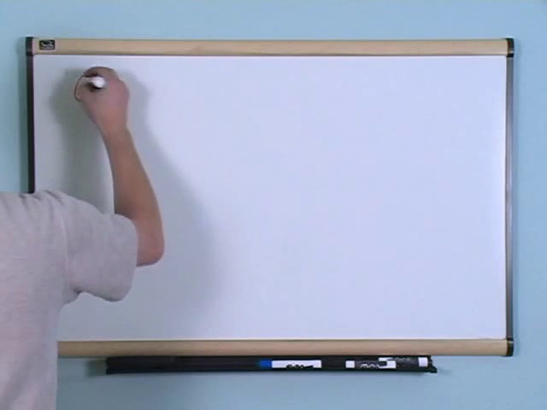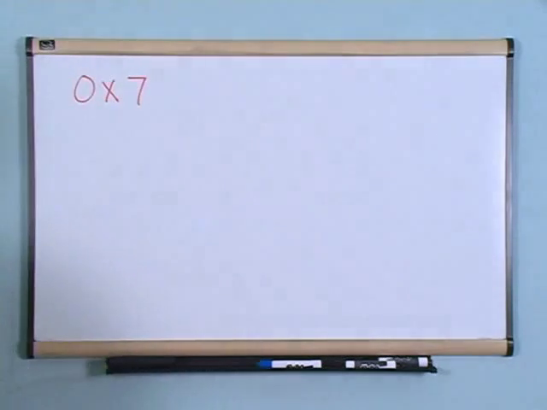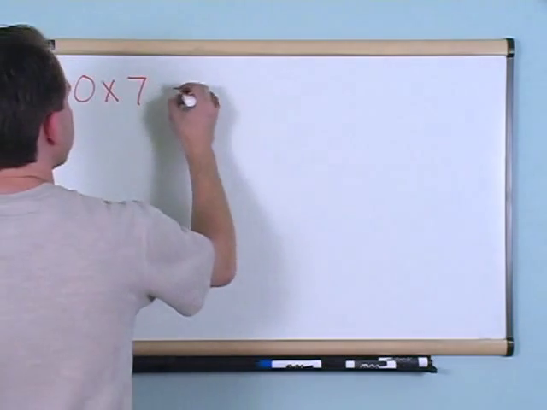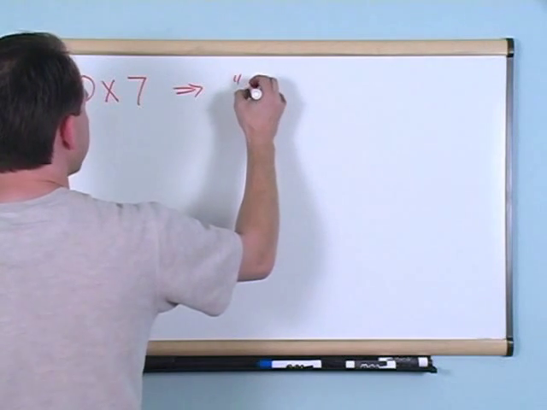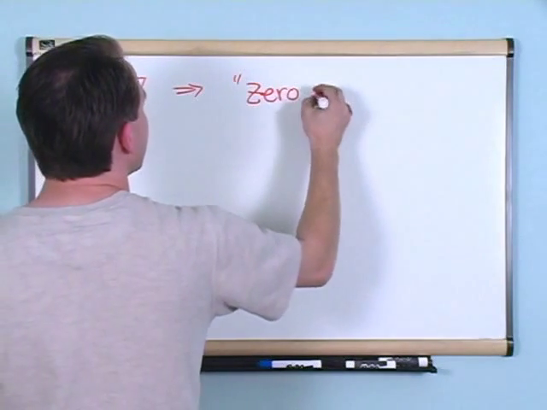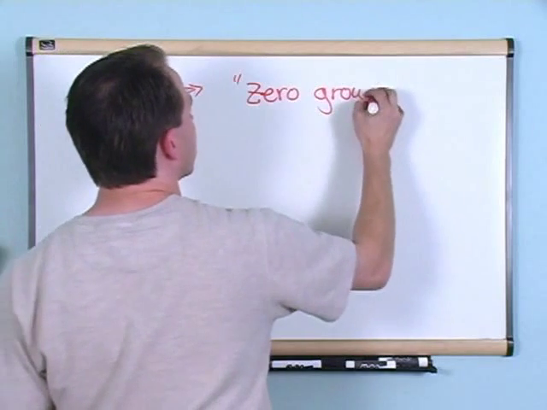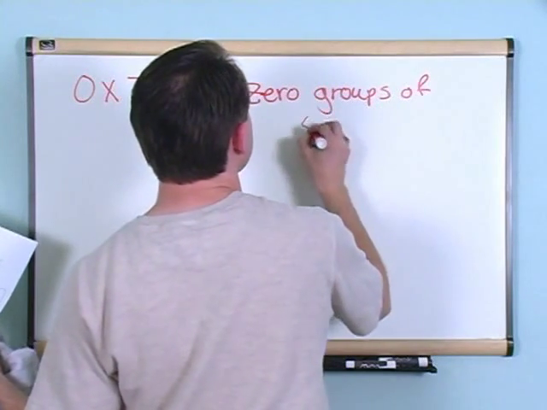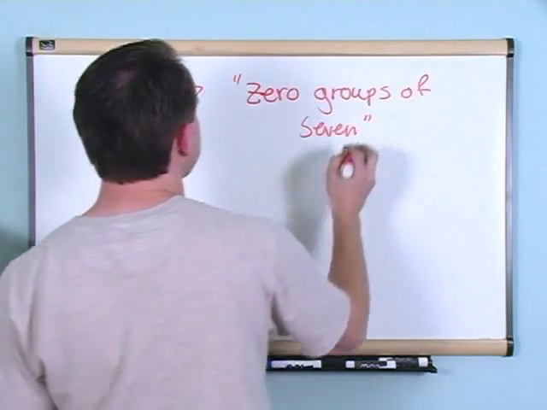Okay, next thing I want to talk to you about is when you multiply something times 0. 0 times 7. What does this mean? This means you have 0 groups of 7. Now think about this for a second.